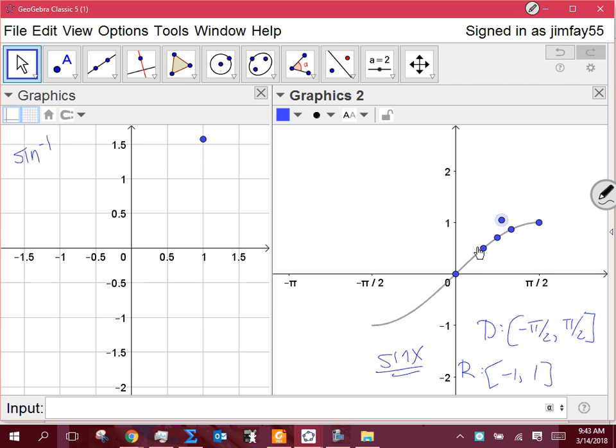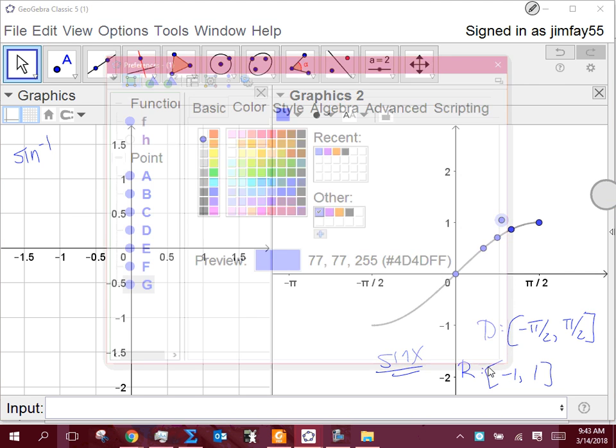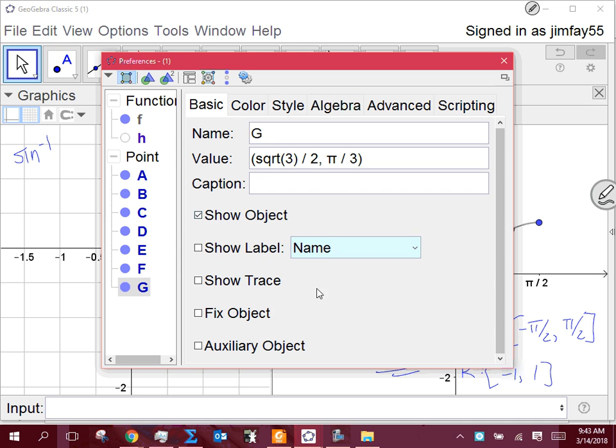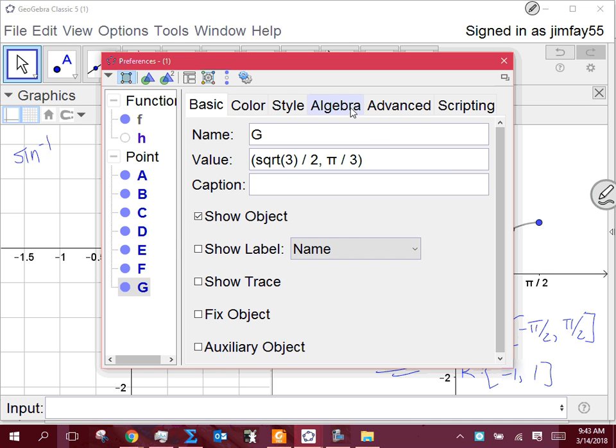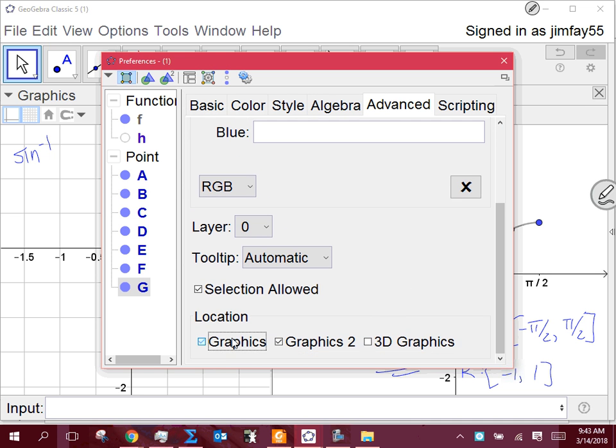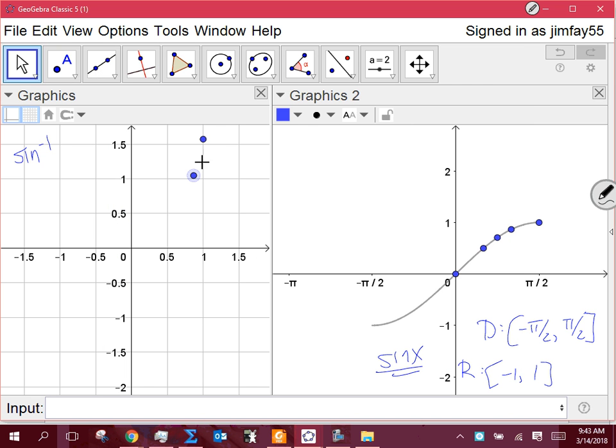Oh, I want that point to be over here. Okay. This point here, pi over 4, root 2 over 2 comma pi over 4, should now, if we flip-flop the x and y, be root 2 over 2 comma pi over 4.